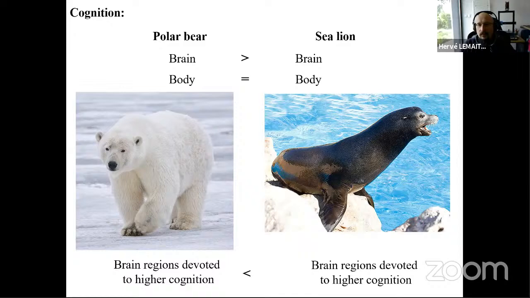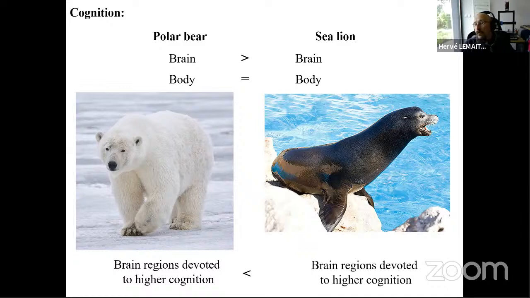And the other thing is, it's often said that a big brain is associated with big associative regions. They took this example of the polar bear and the sea lion, where the polar bear has a bigger brain for the same body size.